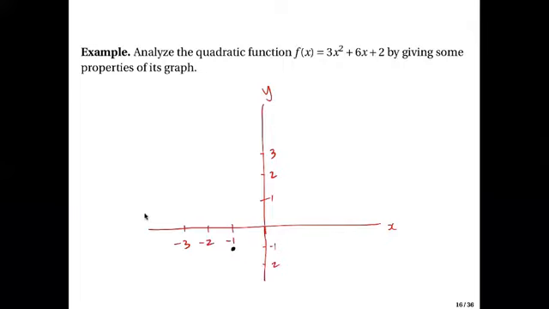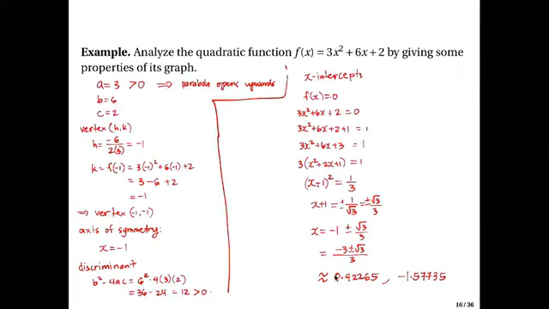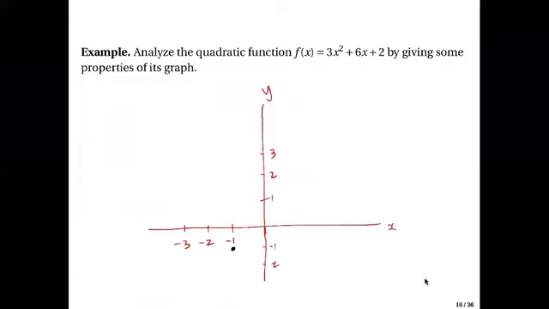And then the other 2 points that we got, we have at x almost 0.422. And then the other guy, it's negative 1.577. So negative 1.577, let's just approximate it.